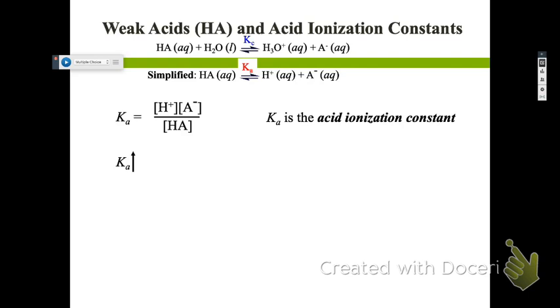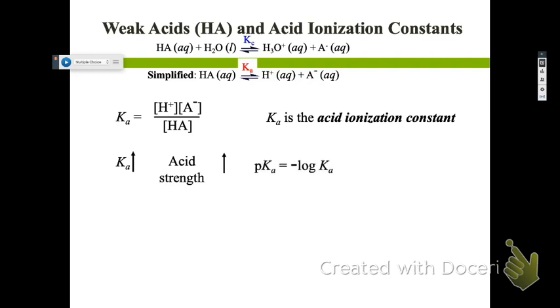As Ka for an acid gets larger, what can we say about the strength of that acid? As Ka goes up, tell your neighbor real quick, is it more acidic or less acidic? I think I heard most of the people say it's a greater strength of acid.